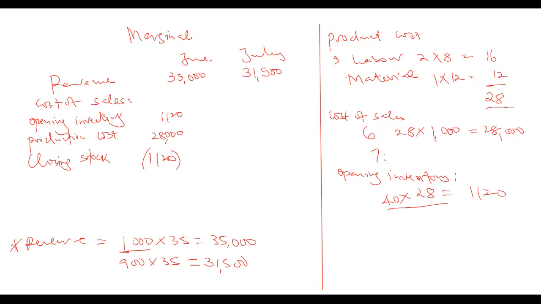Therefore, the cost of sale for the month of June is 1,120 plus 28,000 minus 1,120, which gives 28,000, and profit is 5,000 minus 28,000, that's for the month of June. Is it clear?